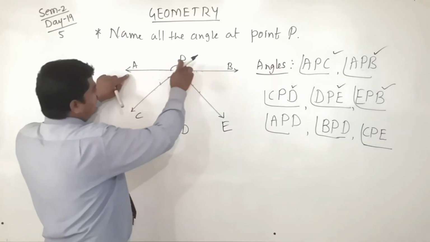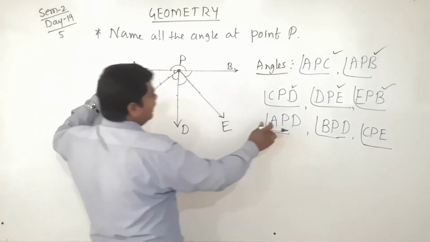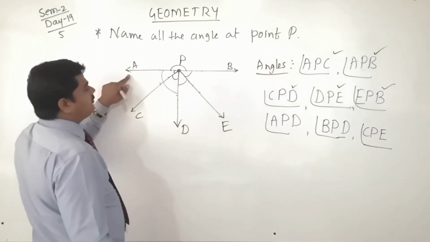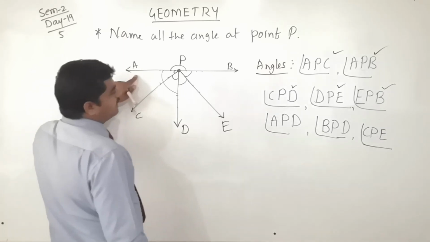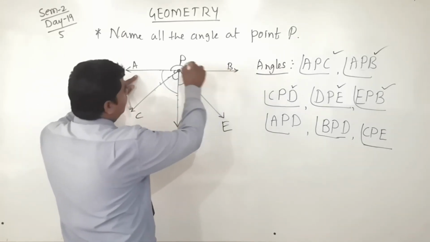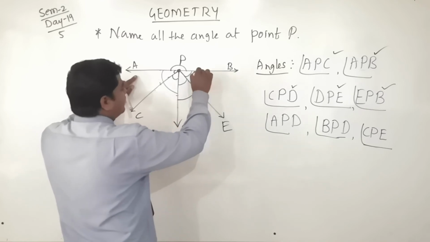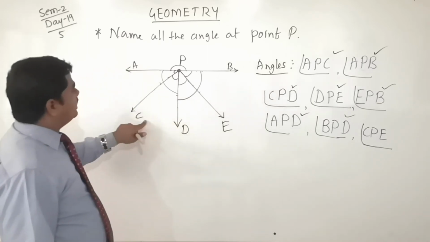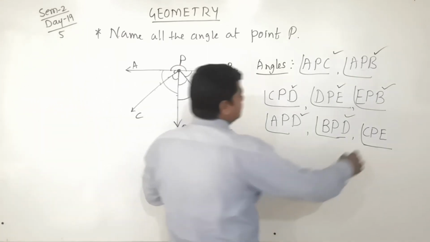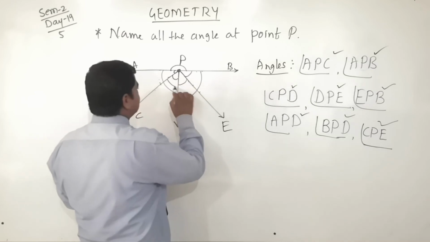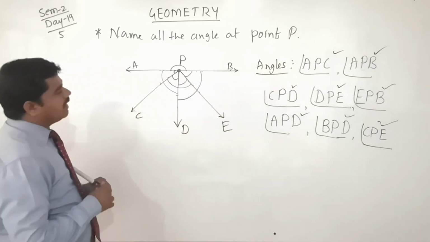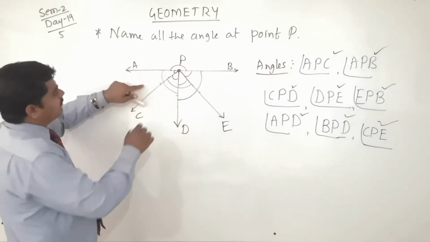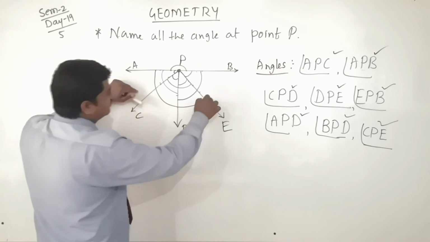Yes, again APD, this one. Yes, APD one more angle. Next, BPD, this one angle. APD, BPD and CPE. Yes, there is one more angle. After this also we can take APE, means from here to here there is one angle.